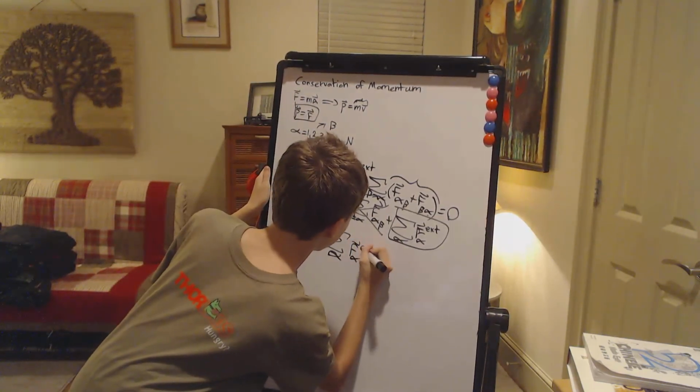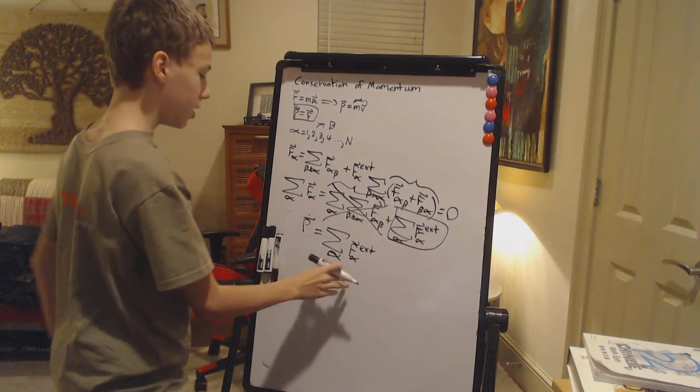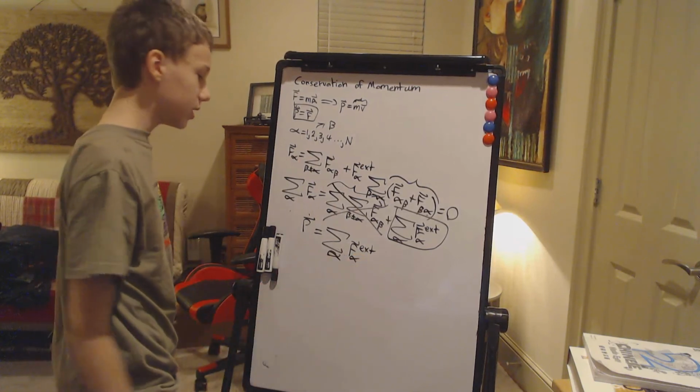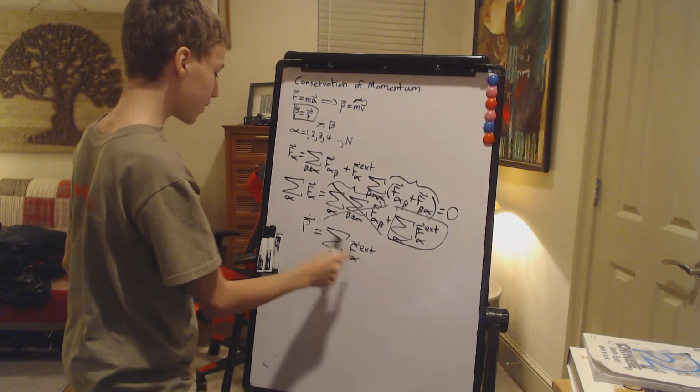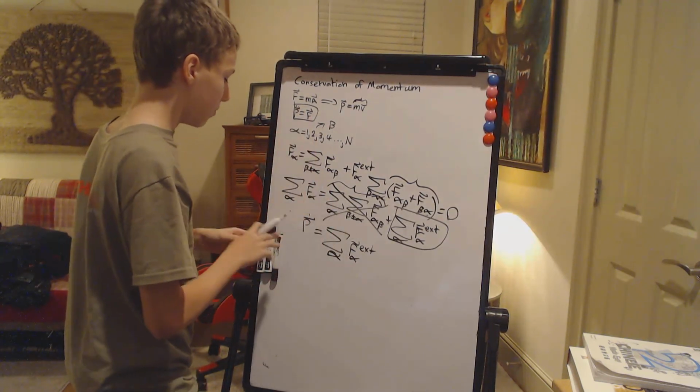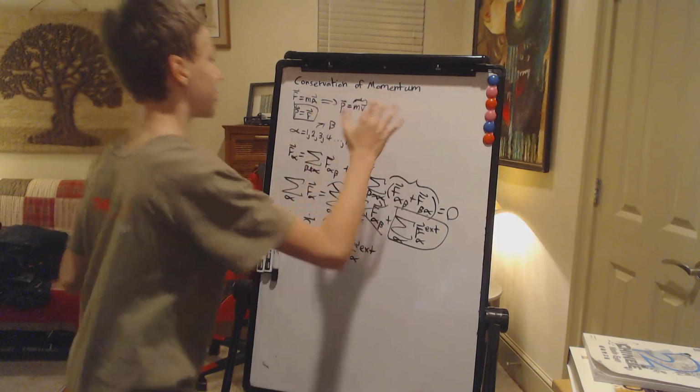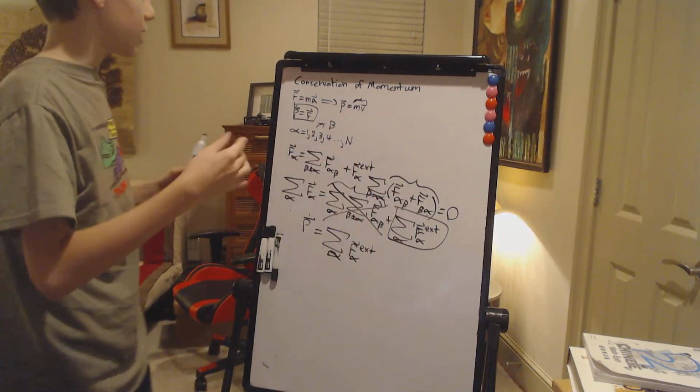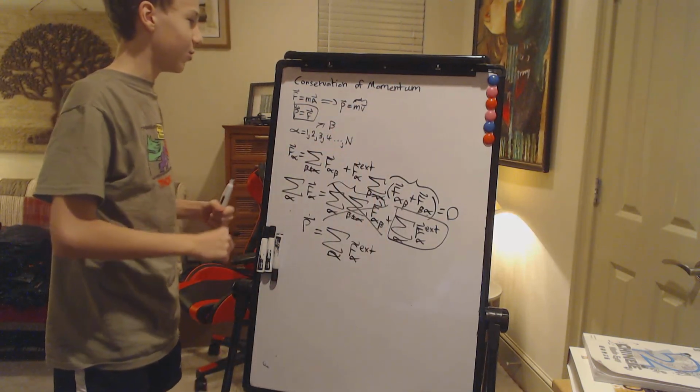And again, if our total external force is 0, then the change in the momentum in our n-body system is 0, and thus this is the conservation of momentum. So that is about it for this video, and hopefully you enjoyed. Goodbye.